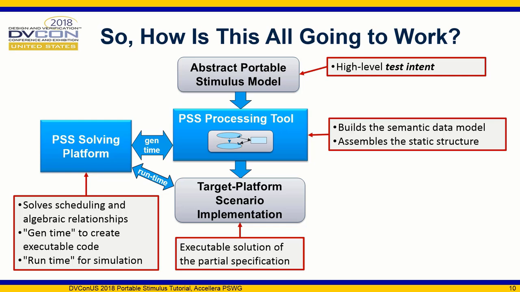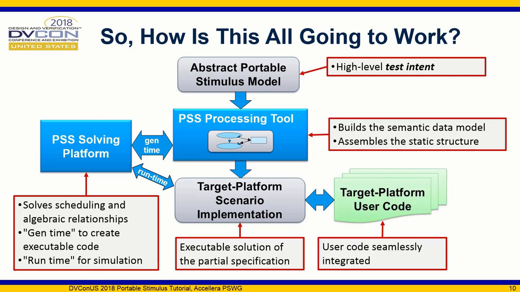A good tool will be able to do either one of these. And then we're going to take that and have it talk to target platform code that you've written. So if you have driver code already written for your device, we're going to be able to allow you to call those driver functions in interesting ways to make sure that your system is actually going to do what you think it's going to do. More importantly, do what you intend it to do. So this is kind of how the whole thing is going to work.